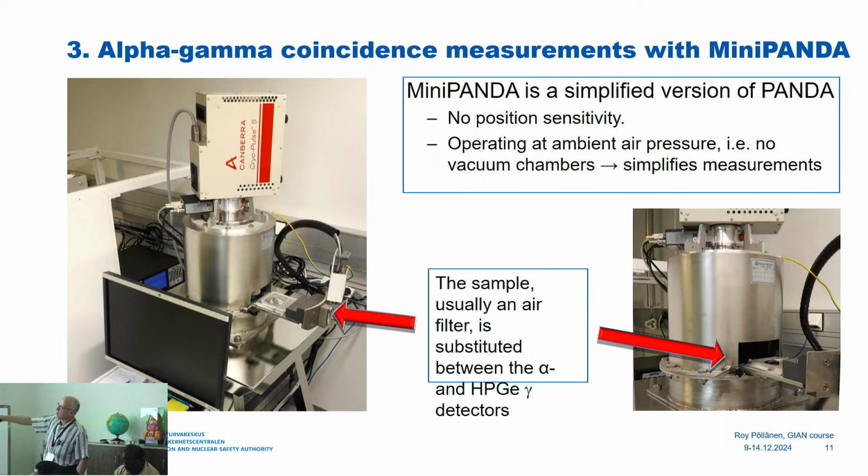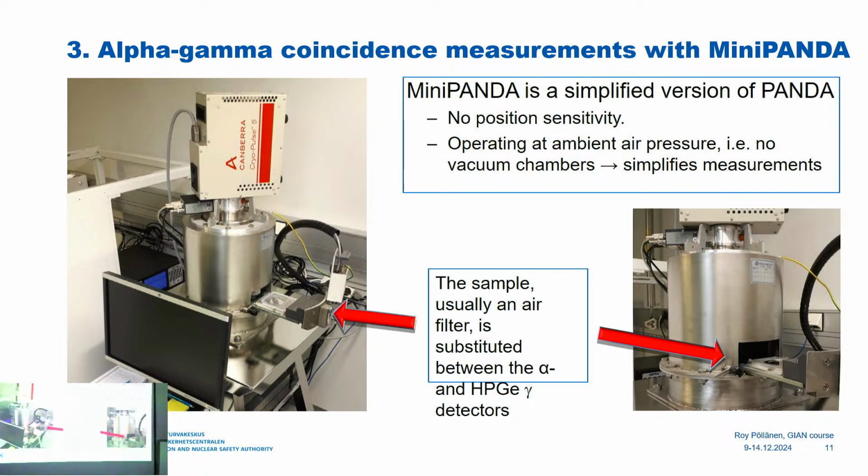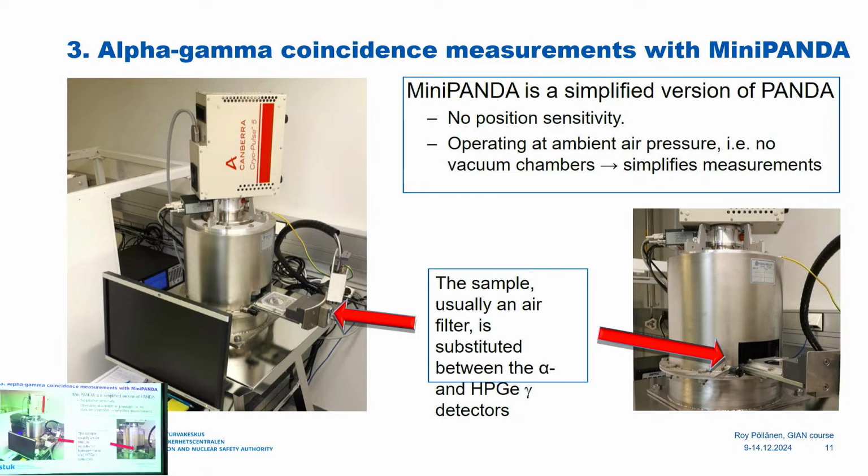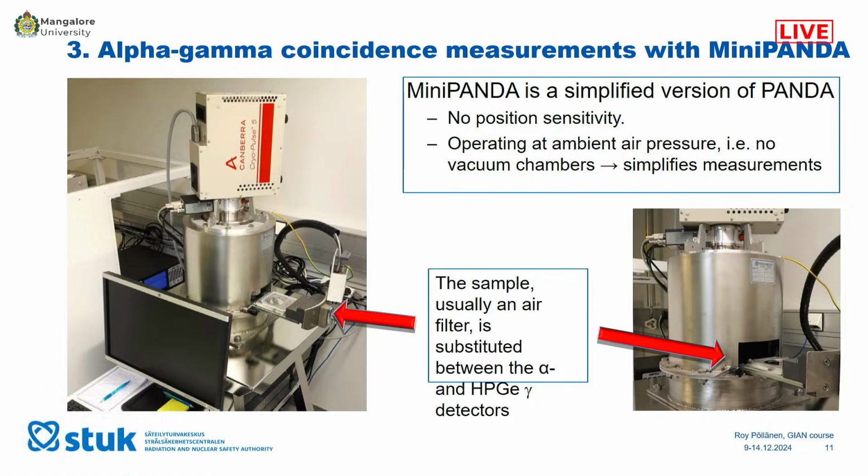You can see the gamma detector here. It's electrically cooled, and this is lead shielded. There's an alpha detector here, on which we can put the sample. A thin sample, of course, because using thick samples for alpha detection is not a good idea.